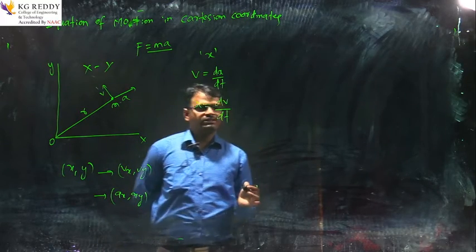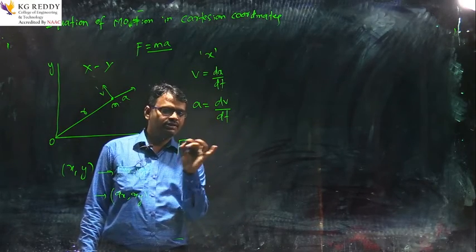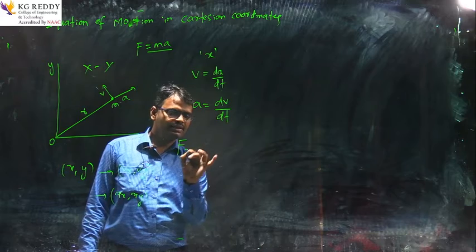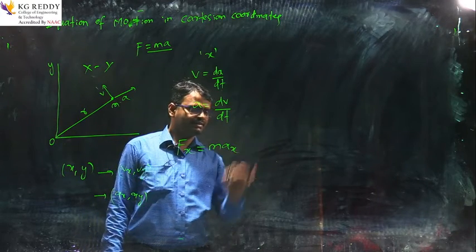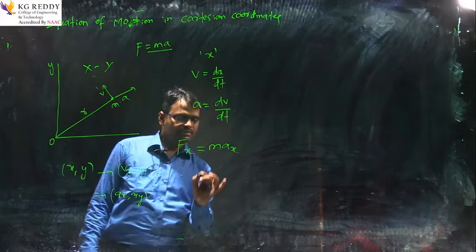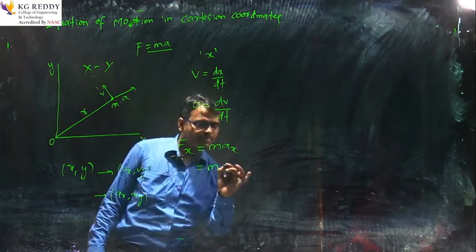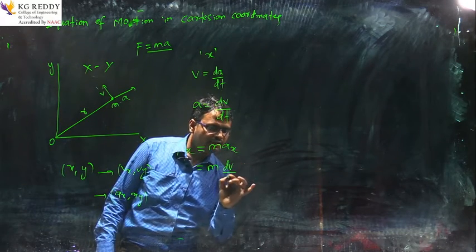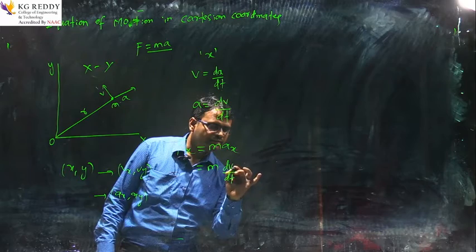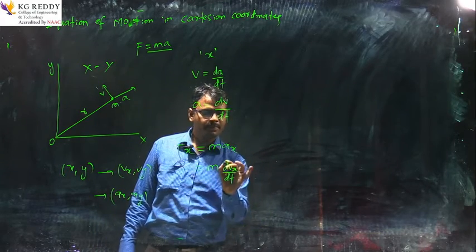So the equation of motion along the x axis, by Newton's second law, is Fx equal to m into ax. That implies m into dvx by dt. This is along the x axis, right?